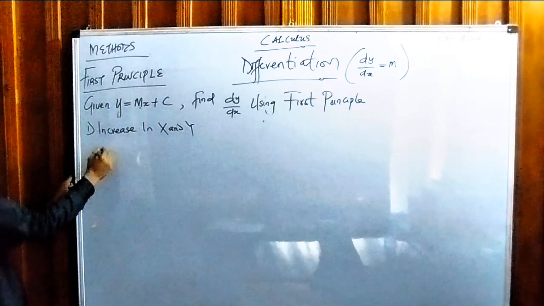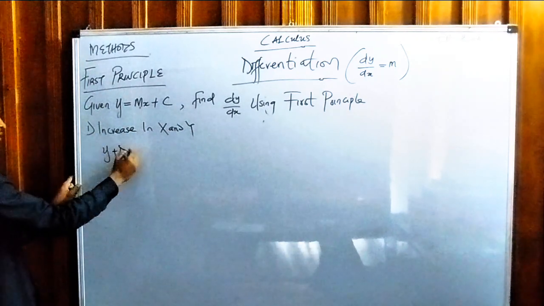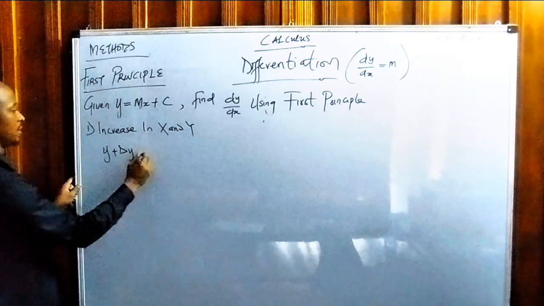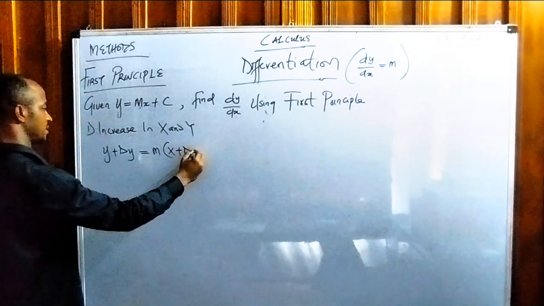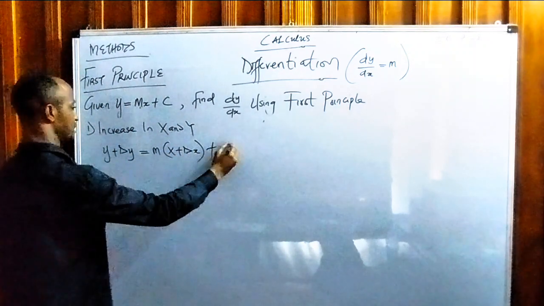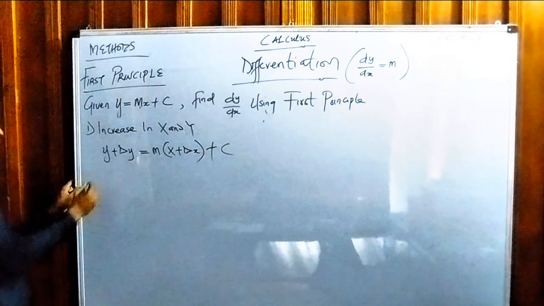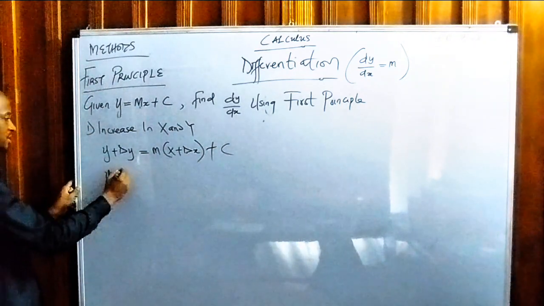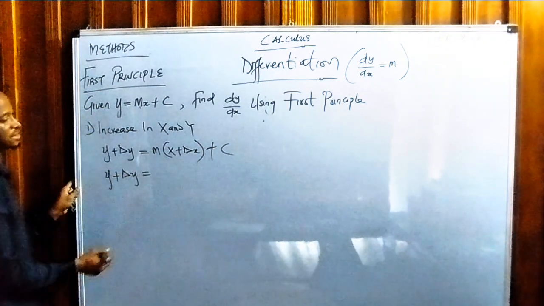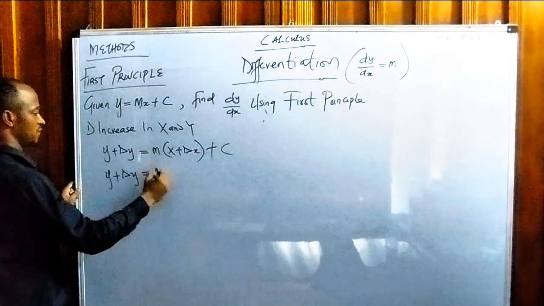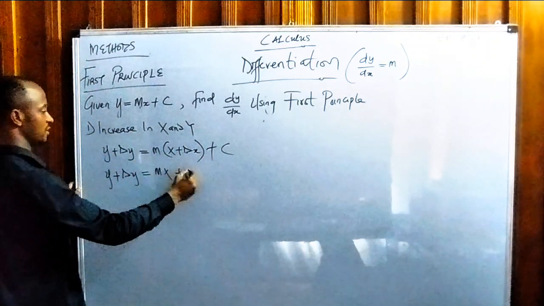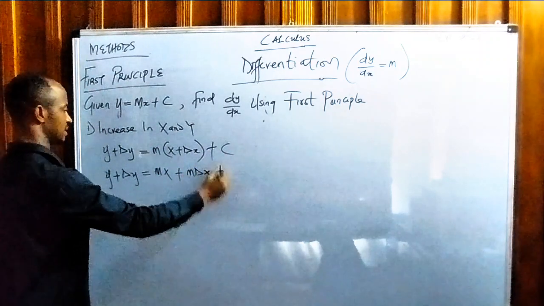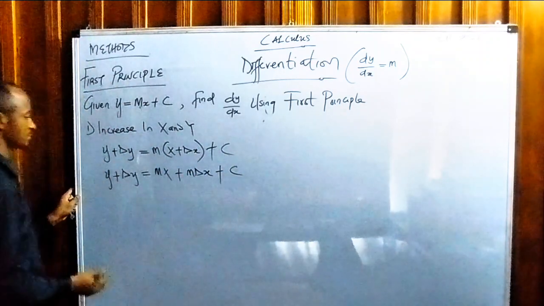So this will give us y plus delta y equals m in brackets x plus delta x, plus c. So by the time we solve, we have y plus delta y equals m times x, which gives mx, and we expand this, plus m times delta x, which gives m delta x, then plus c.